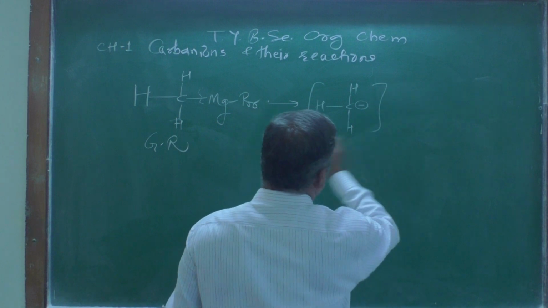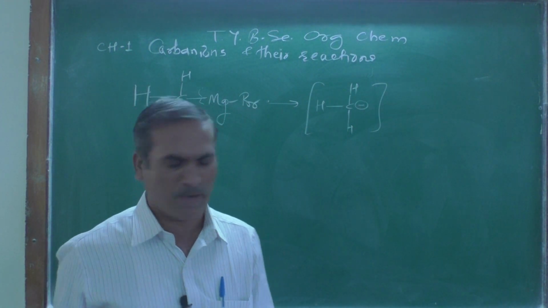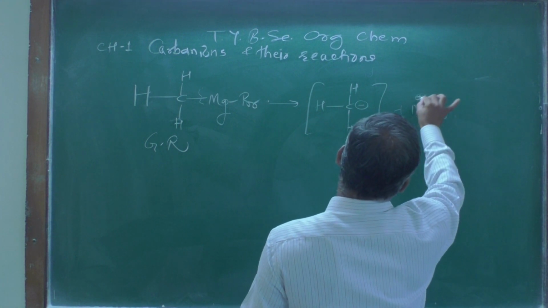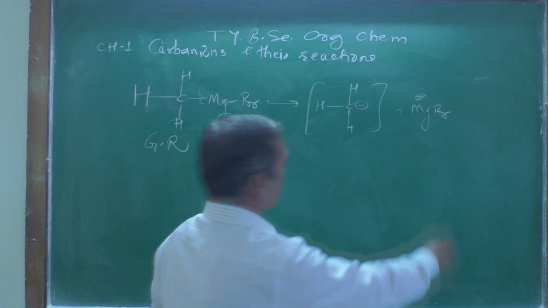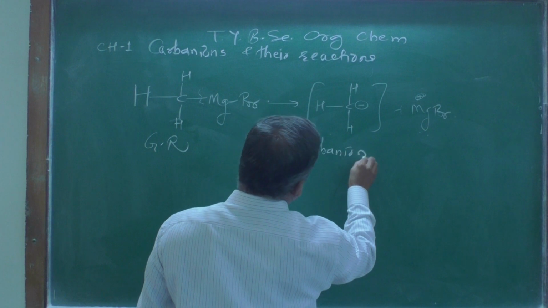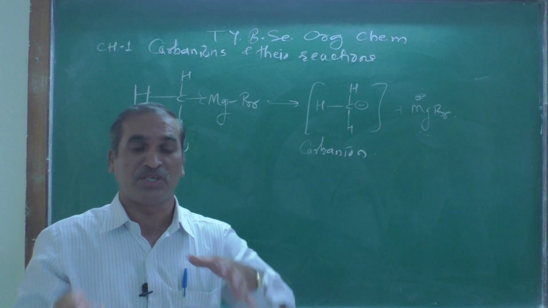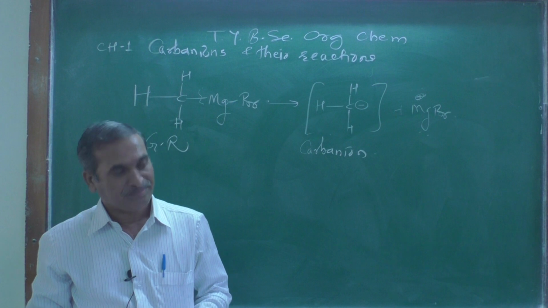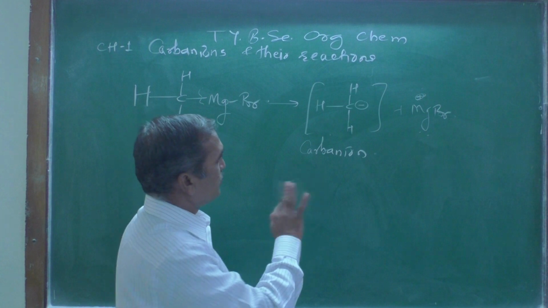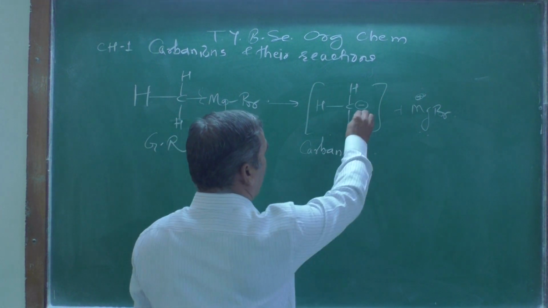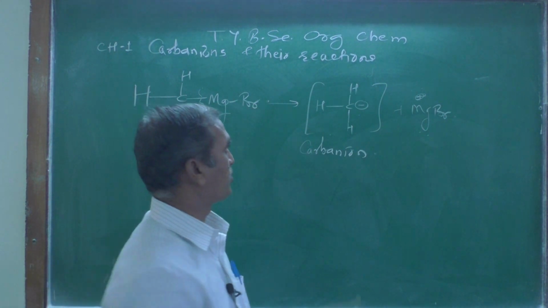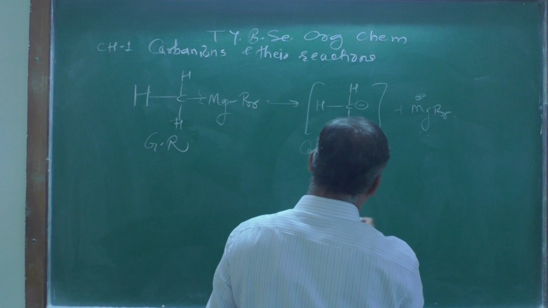This carbanion is formed there, and the rest of the thing we don't think about. This Mg and Br carry a positive charge, don't think about that; only this is called a carbanion, right? When this carbanion acts as a nucleophile, it can attack the other compound. Now let's look at the hybridization and geometry of this.